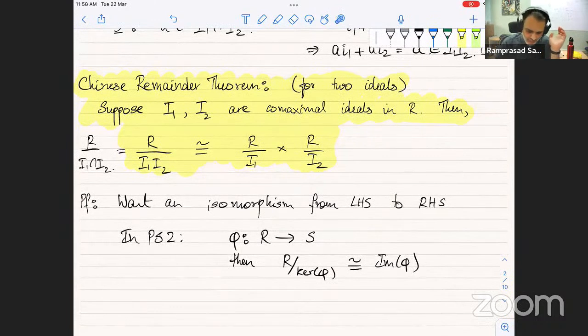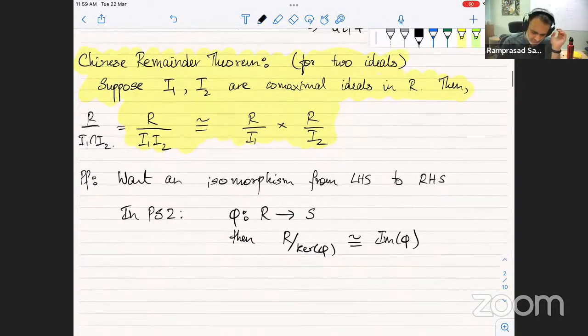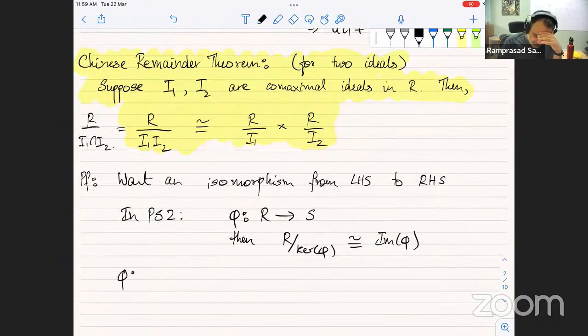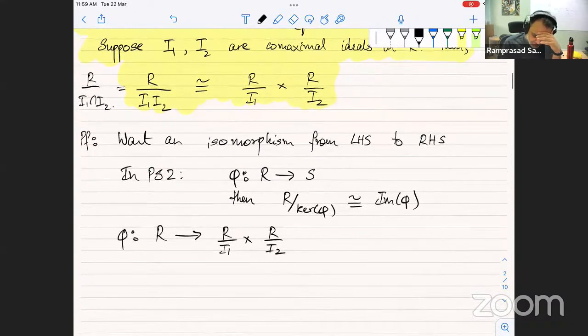So now what do we want to do? I want to show an isomorphism from R quotient I1 I2 to something. Here is what we are going to do. We are going to find some map phi from R to R quotient I1 cross R quotient I2, and we'll try to prove the following facts. That phi is a homomorphism. We'll construct a phi such that it is a homomorphism, and such that the kernel is exactly what we want.